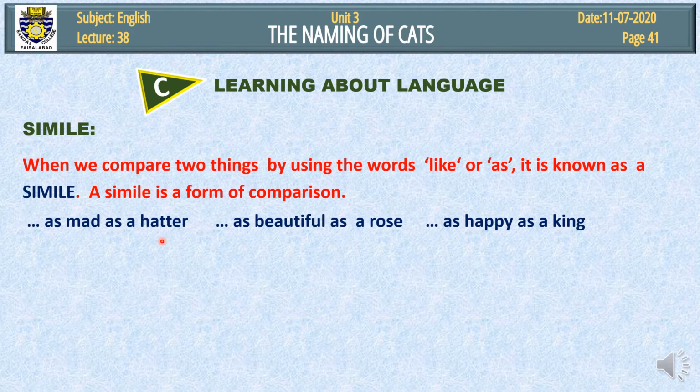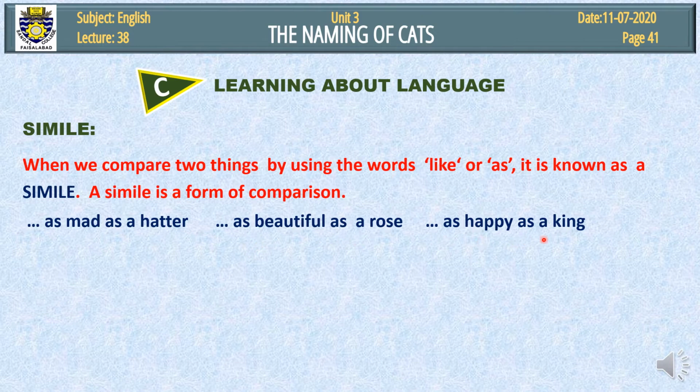This simile has been used by the poet in the poem The Naming of Cats, when the poet says, you may think at first I'm as mad as a hatter when I tell you a cat must have 3 different names. So he uses simile in a very beautiful way in the poem. As beautiful as a rose, simile.